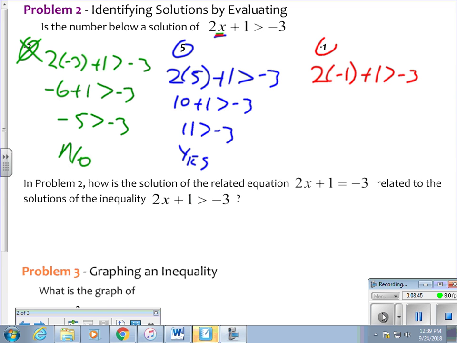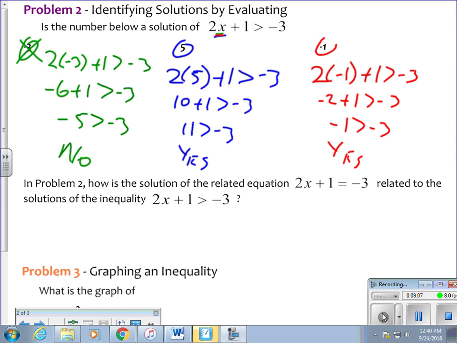So 2 times -1 is -2, plus 1 is -1, greater than -3. Is -1 larger than -3? Yes, it is. So this one works. And that's what they're asking you to do. Try it, see if it works.